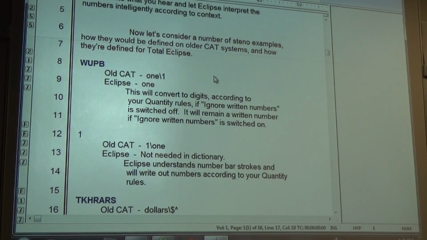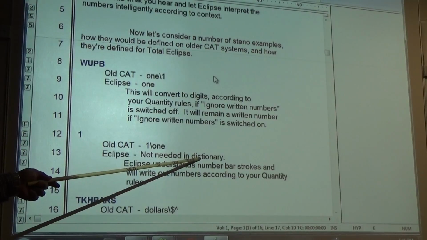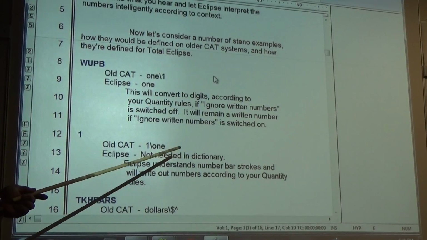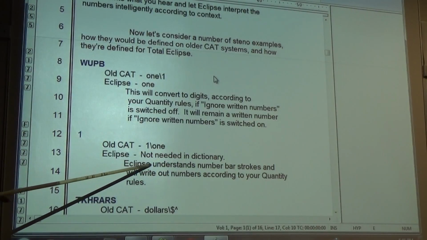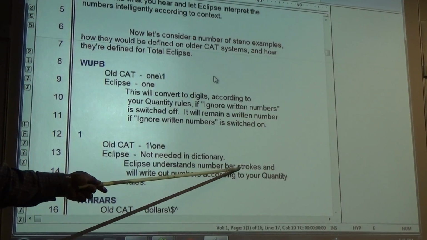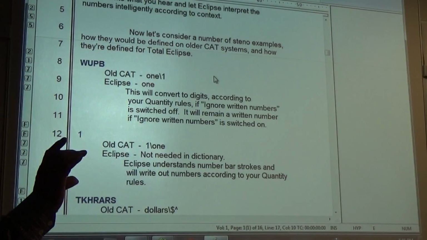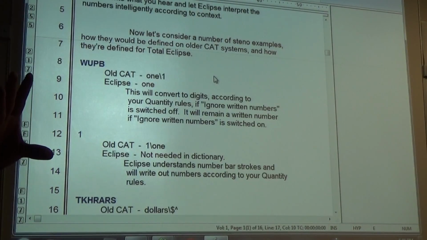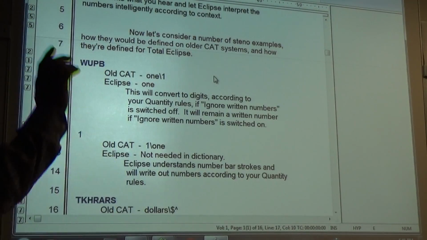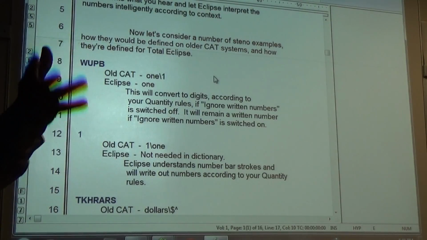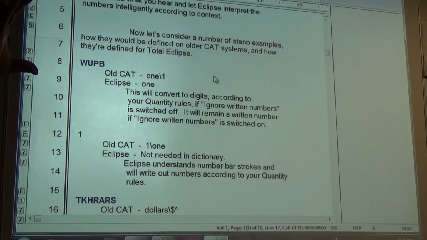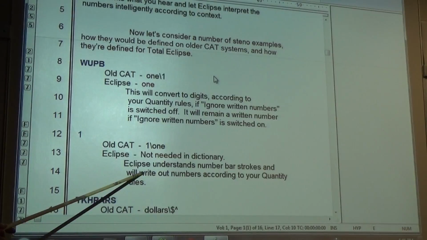It tells you right here, whether you write 1 or ONE, Eclipse understands. It's not needed in the dictionary anymore. All you need is ONE, because Eclipse understands number bar strokes and will write out numbers according to your quantity rules, whatever you set in your user settings, from 1 to 10, 10 to 100, or whatever. That's how it knows how to change it.